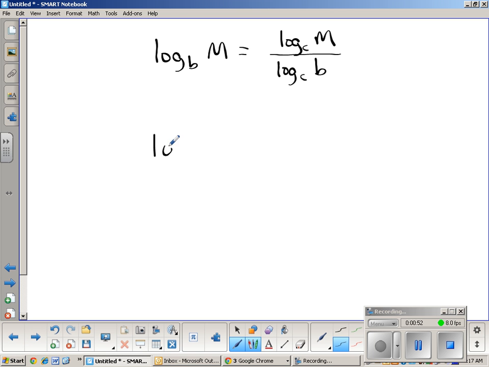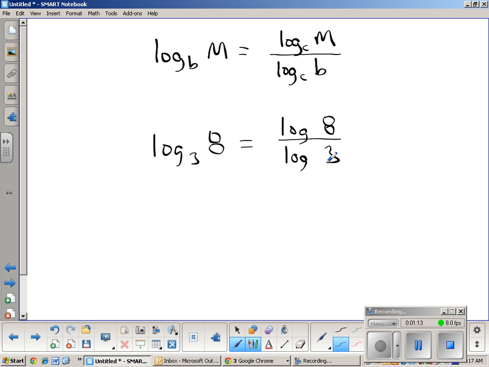We have log base 3 of 8. We want to know what that is, and our calculator doesn't allow us to change our base. Then we're going to say log base 10 of 8 over log base 10 of 3.